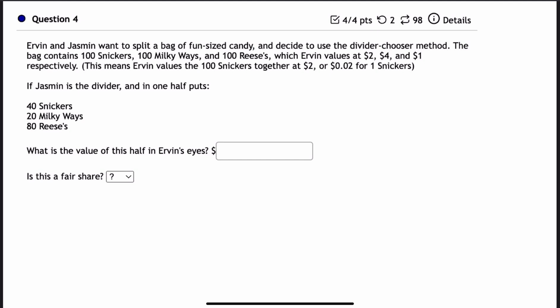We have 100 Snickers, 100 Milky Way, and 100 Reese's. And as far as Irvin's value, because it gives us this information, Irvin seems to value the 100 Snickers at $2.